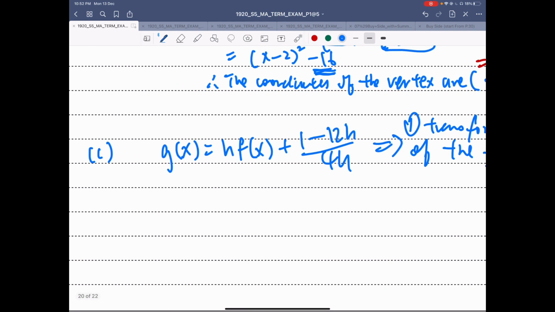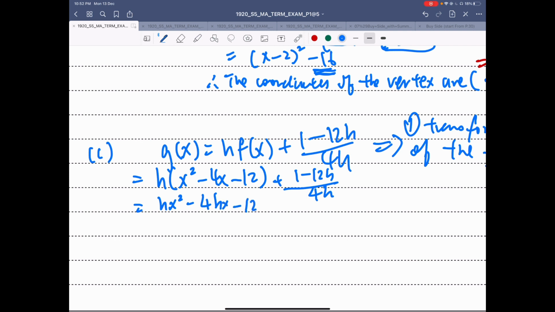So g(x), what is g(x)? g(x) is equal to h times f(x), which is x squared minus 4x minus 12, plus (1 minus 12h) divided by 4h, okay? So you get hx squared minus 4hx minus 12h plus the remaining term. In this case, I will suggest you isolate all the same degree terms into the same part.